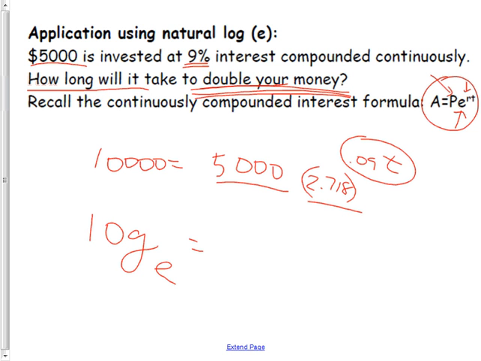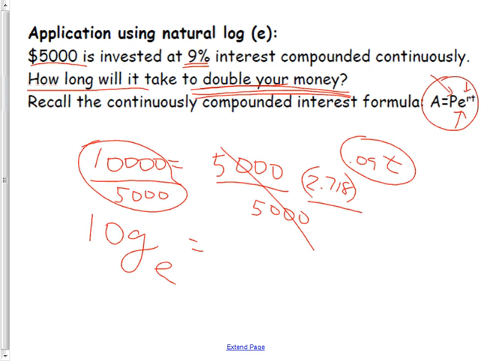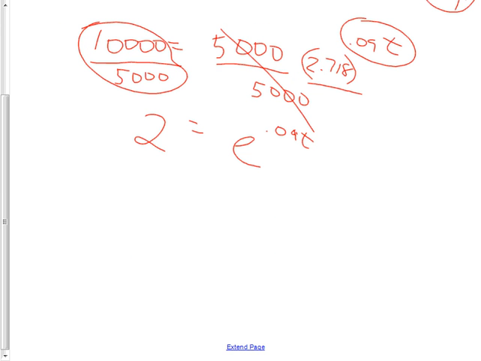I better start by dividing by 5,000 on both sides. Cancels. What's 10,000 over 5,000? 2. So, the new problem says 2 equals E, 2.718, to the 0.09t. Can you rewrite that as a log?